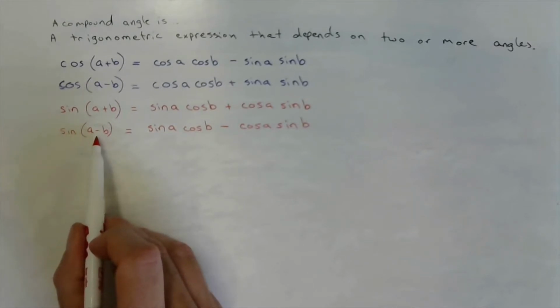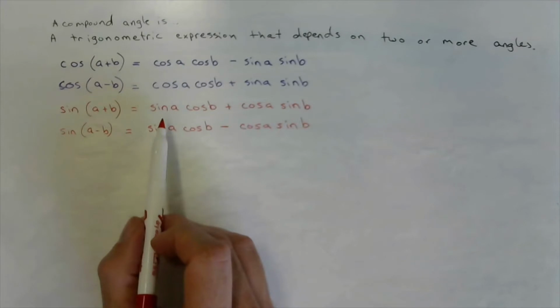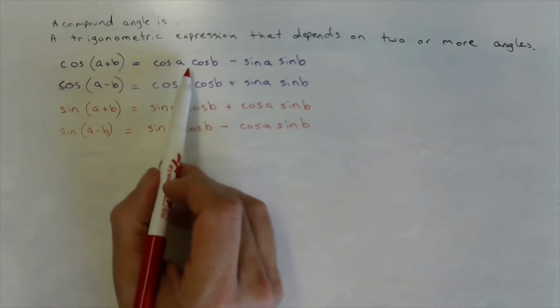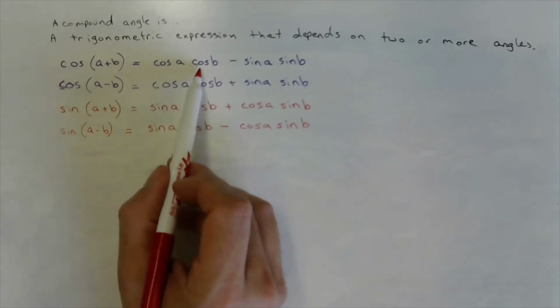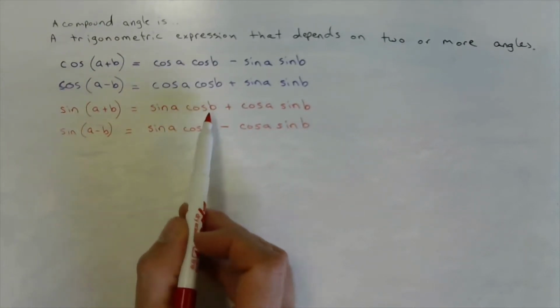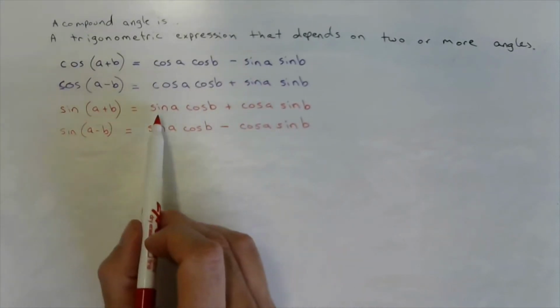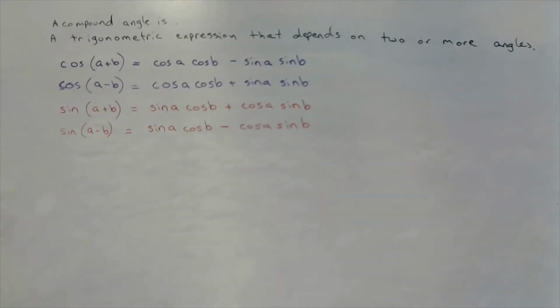The subtraction formula for sine has subtraction in the middle. And this time, instead of being paired with your own ratio, you're with the opposite ratio. So sine A cos B, and then sine B cos A. You could say it that way if you wanted to remember it that way. That's fair too. Multiplication is commutative.